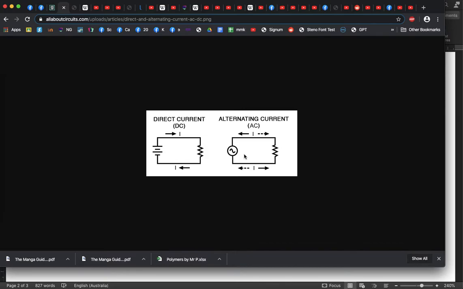Instead, we're going to say AC is just more efficient. We get more electricity for every kilo of coal that we burn if we use AC. So AC is better for the environment. It saves us money. We get more good electrical stuff out of every kilo or every ton of coal. Okay, so we can close that.